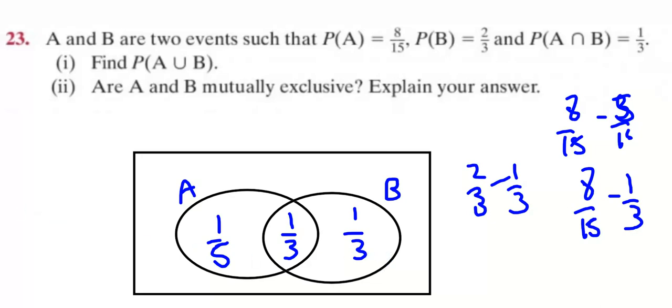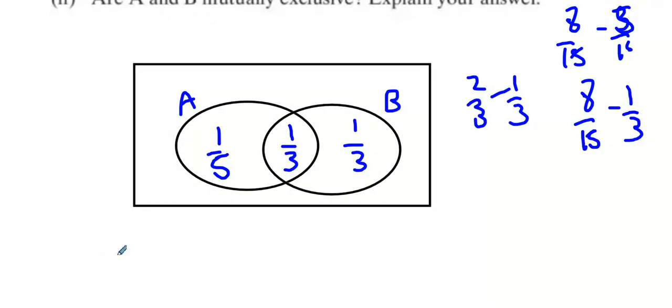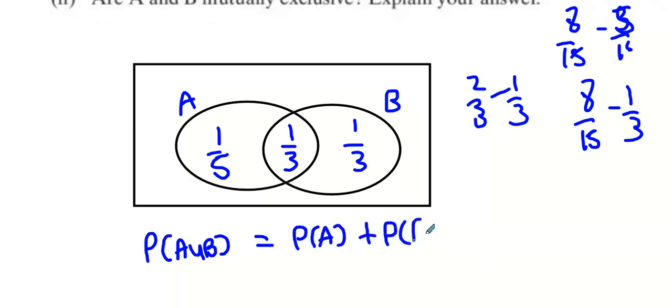Okay. So mutually exclusive means probability of A union B is the probability of A plus the probability of B. Is that okay? And I think actually, one sec.